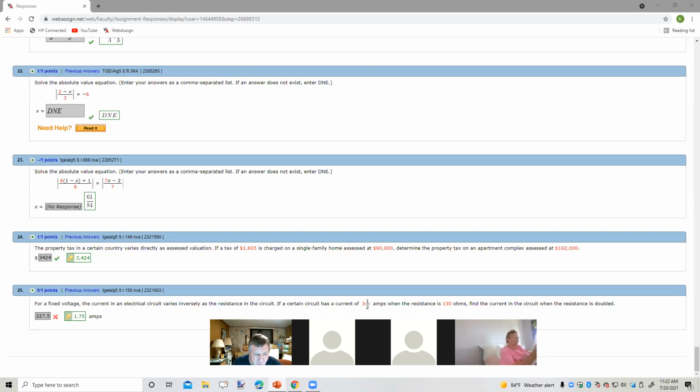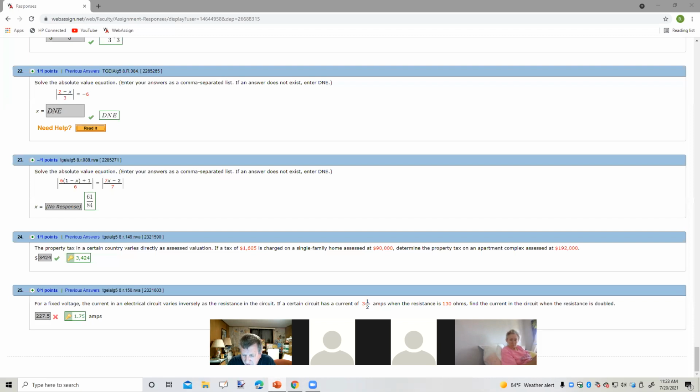All right. It says if a tax of $1,605, so that's P, right? Property tax. So $1,605 is charged on a single family home assessed at $90,000, so K times $90,000.